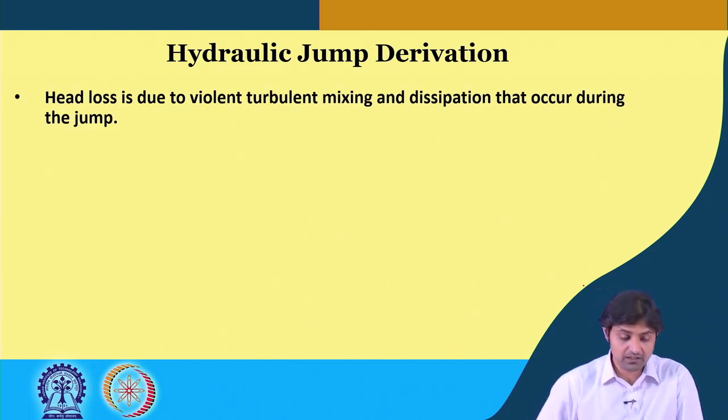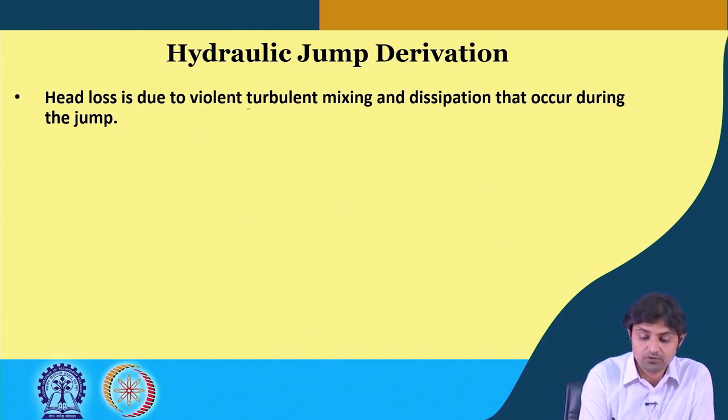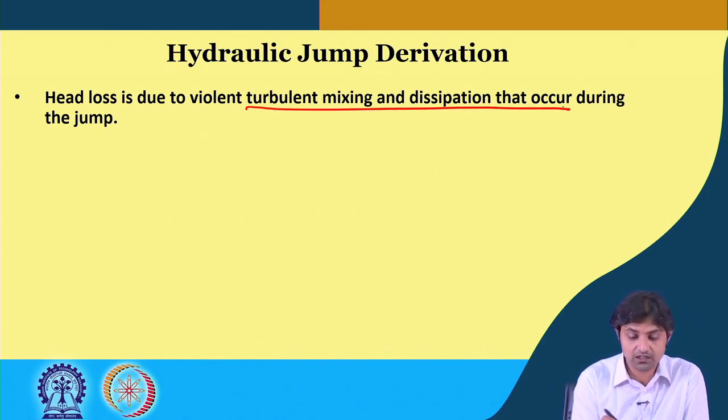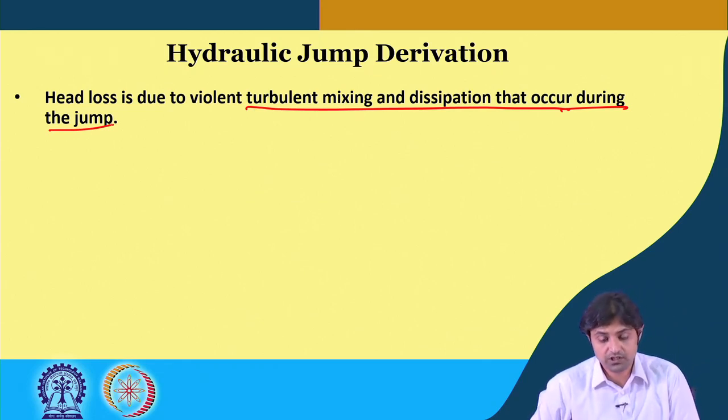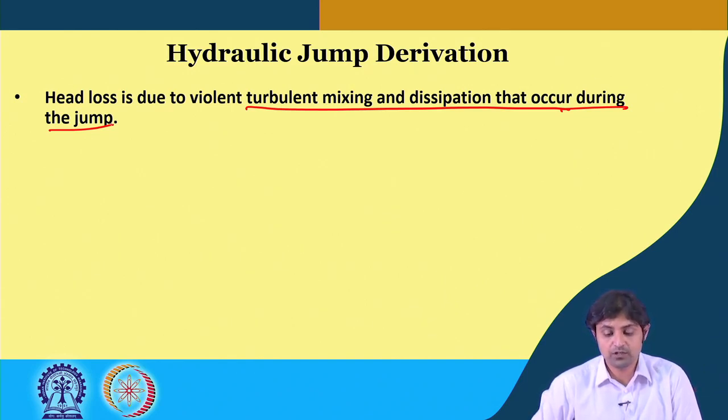We know that head loss is due to violent turbulent mixing and dissipation that occur during the jump. As I said, the phenomenon of the hydraulic jump is quite complex. It's a phenomenon where vigorous turbulent mixing occurs, and because of that dissipation in terms of heat will occur. So, energy is going to be lost during this jump.